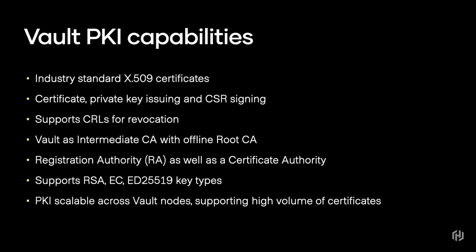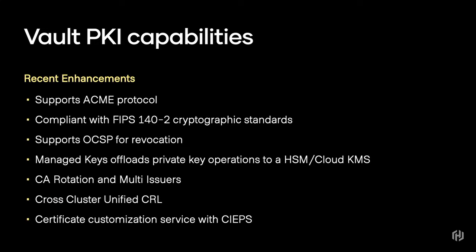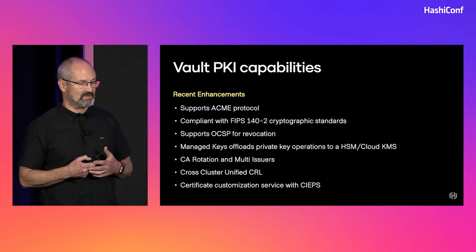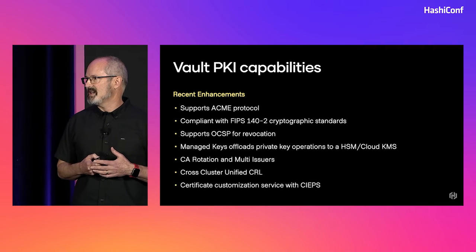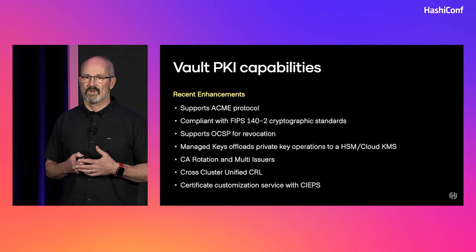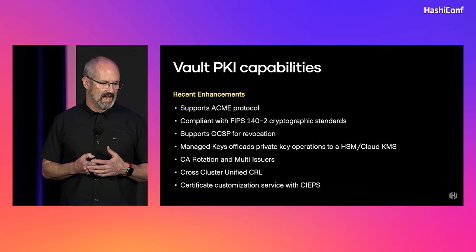But what I wanted to show you, just to position against that, is that in the last several years, HashiCorp has been continuing to enhance the capabilities for PKI management with the PKI secrets engine. So some recent advancements: ACME support, for Vault functioning as an ACME server, was released in 1.14 in July.